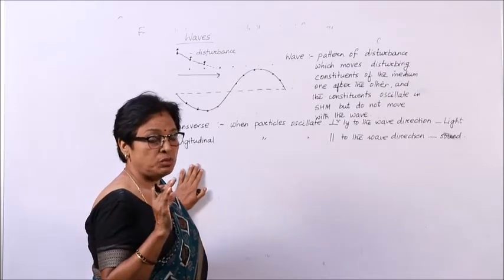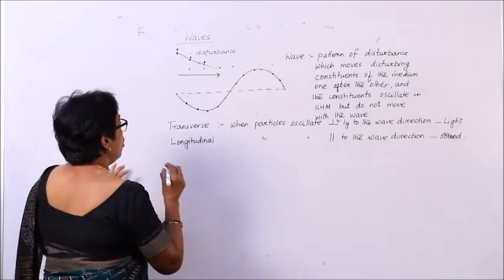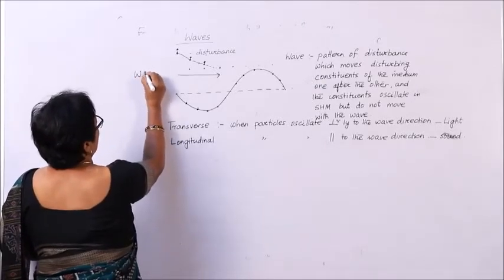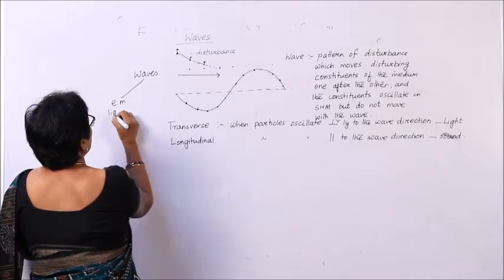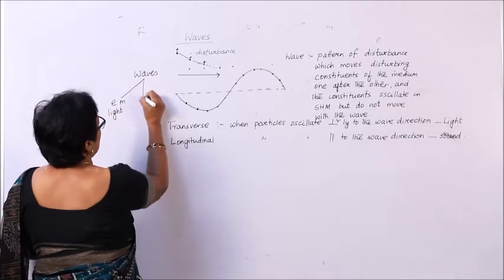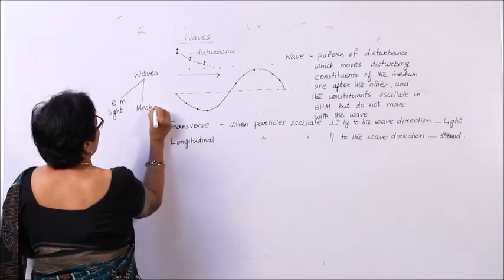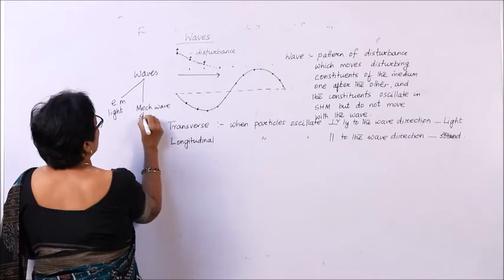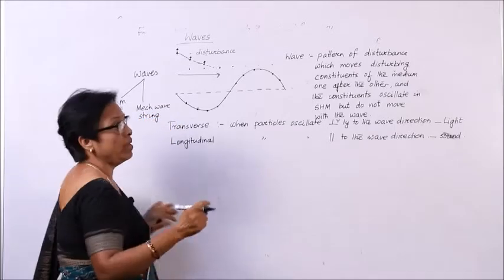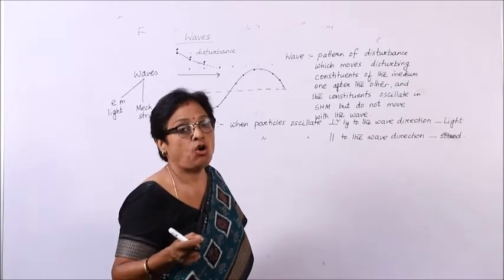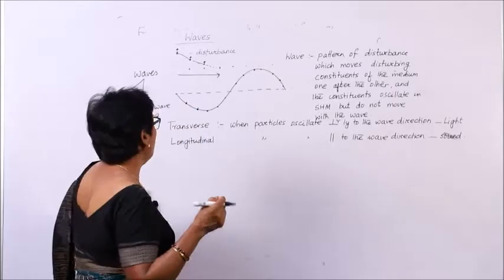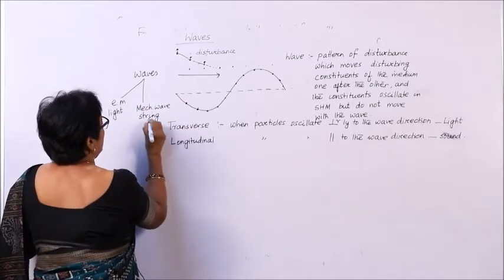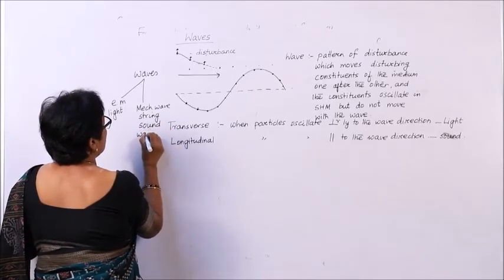In all the kinds of waves that we will come across, there will be electromagnetic waves, of which light is an example, and it is transverse. Then we have mainly mechanical waves. The mechanical waves may be waves in a string, something like when you are vibrating a violin wire or a sitar or a guitar, all these are transverse mechanical waves in a string, or it may be sound, a mechanical wave, or water wave, a mechanical wave.